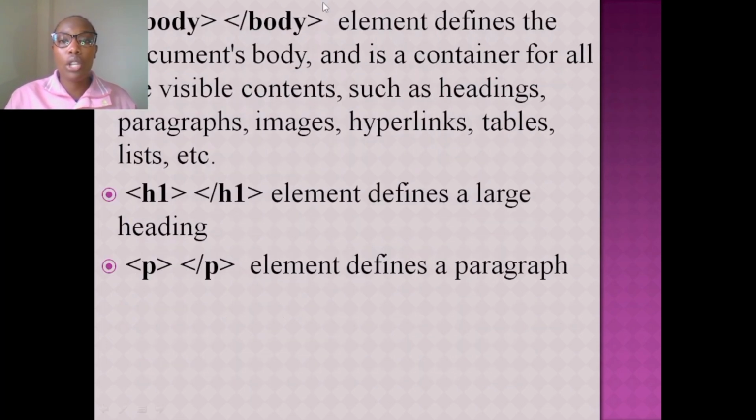Then we have the body. It defines the document body, and it is a container for all the visible contents such as headings, paragraphs, images, hyperlinks, tables, lists, and all that. And then second last, we have H1, which stands for heading, large heading. It's an element that defines a large heading, and this P defines a paragraph.